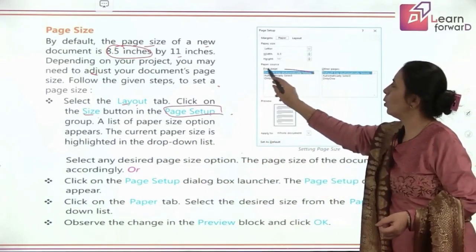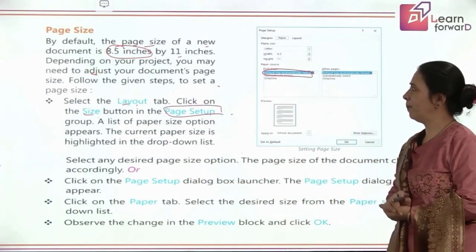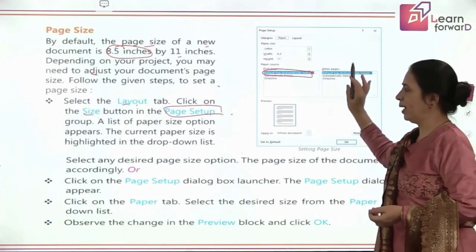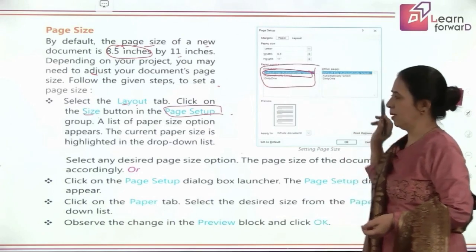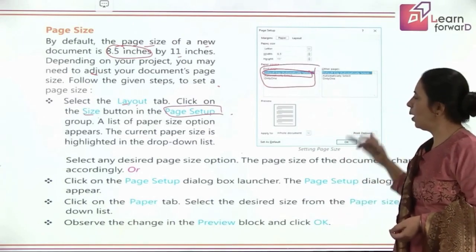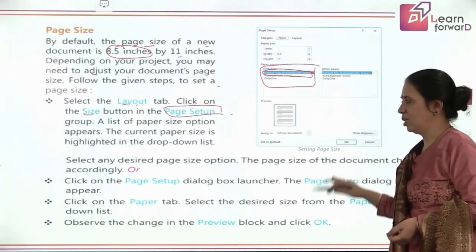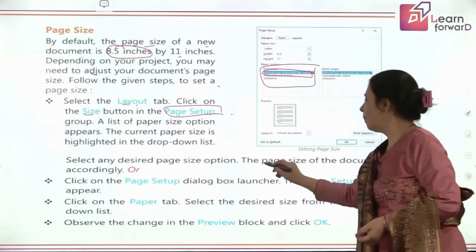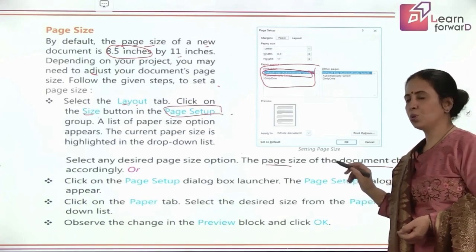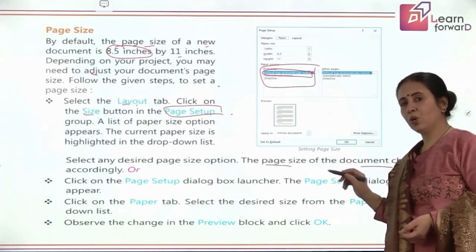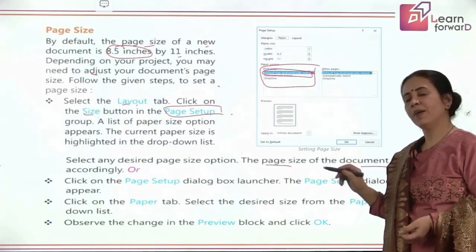Like this is the automatic default size of the paper. Okay, it's already highlighted over there. In the drop down list, it appears there. Okay, and accordingly, you can make the changes, right? The paper size of the document changes as per your choice. It could be A3, it could be A4, it could be A5, anything you want.